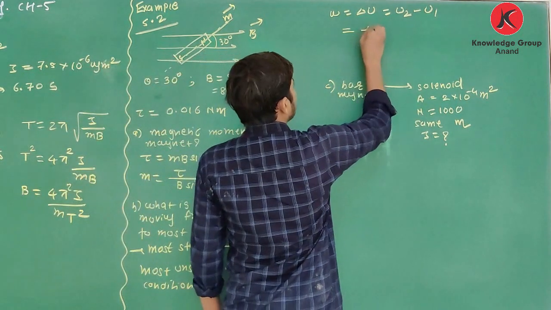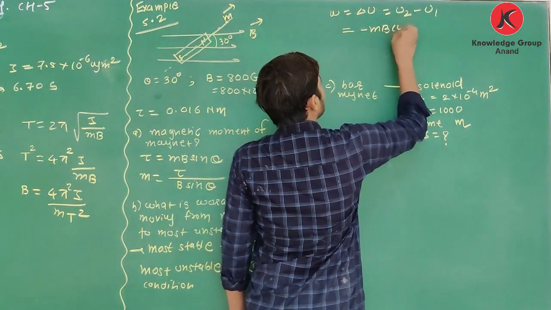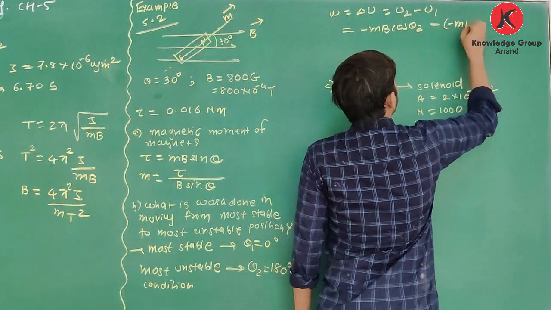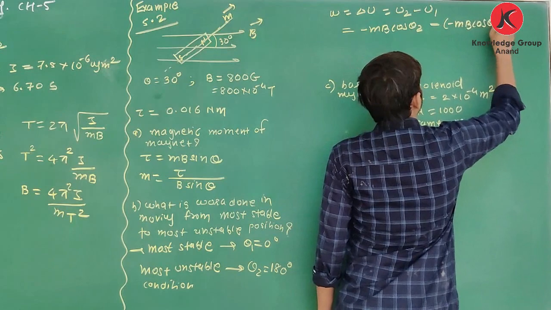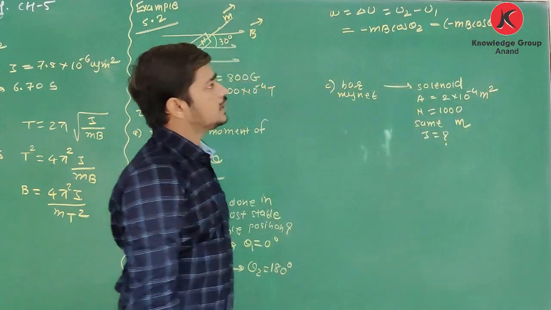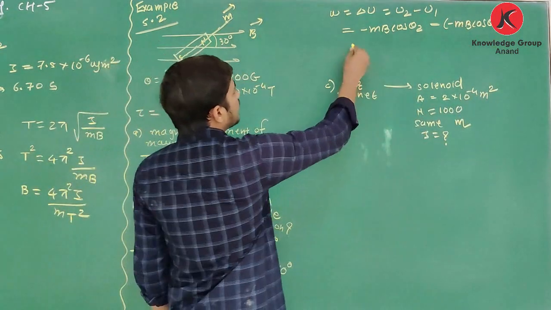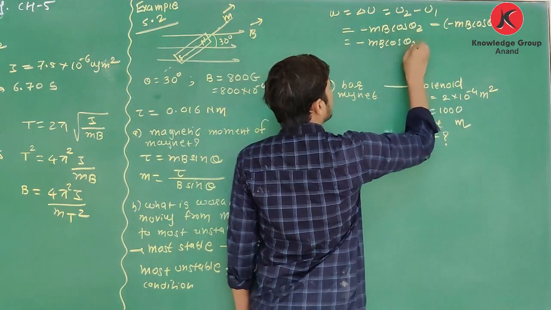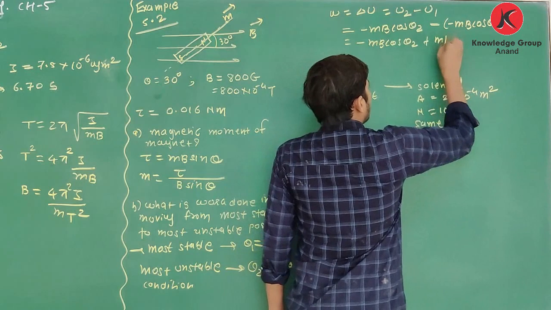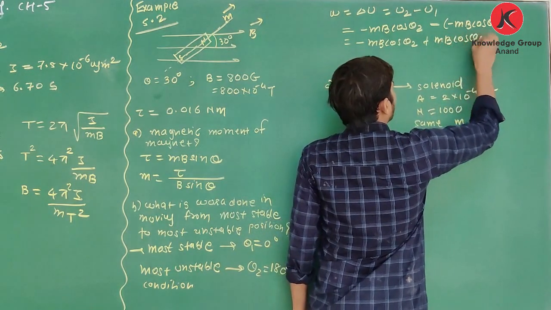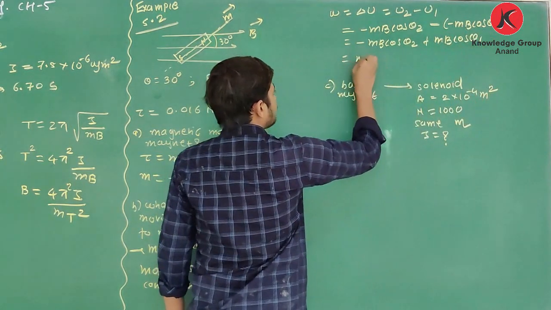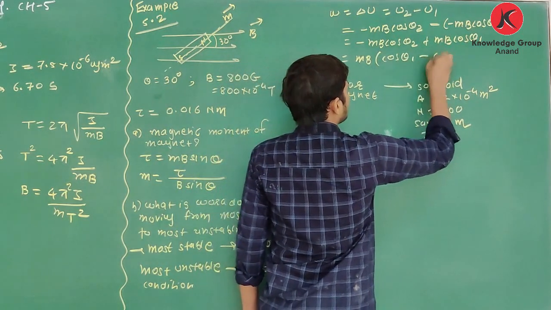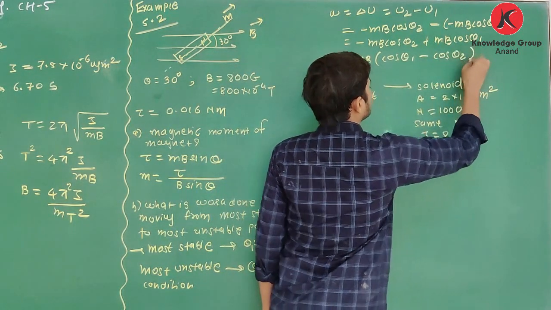So it is minus mB cos theta 2 minus, minus mB cos theta 1. Clear about this? You can write this as minus mB cos theta 2 plus mB cos theta 1. If you take out mB as common, then it is cos theta 1 minus cos theta 2.